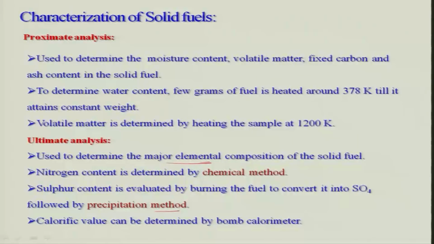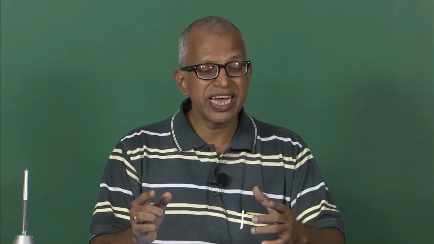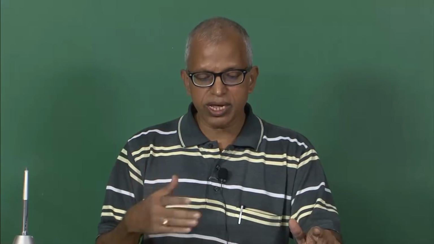What I am trying to give you is basically a general view of how you can do this, because these are important things to be done, particularly to know the constituents of the solid fuels, so that you can come up with an empirical formula, as I told you, CHO, with m and n as coefficients, so that you can do some calculations and understand what is happening. That is one objective. The other objective is to look at what it contains.